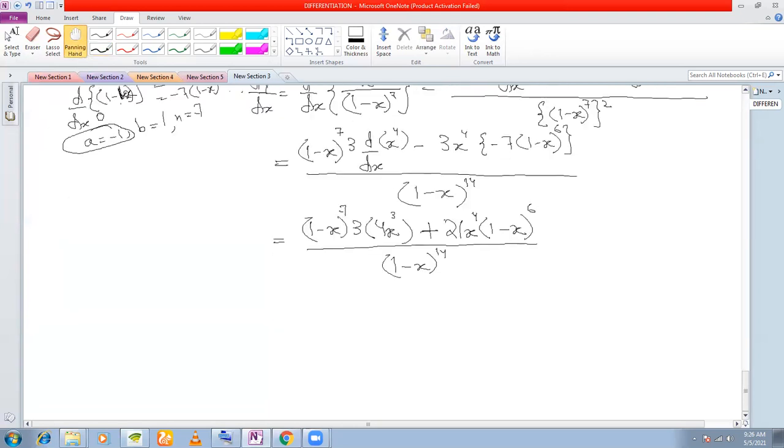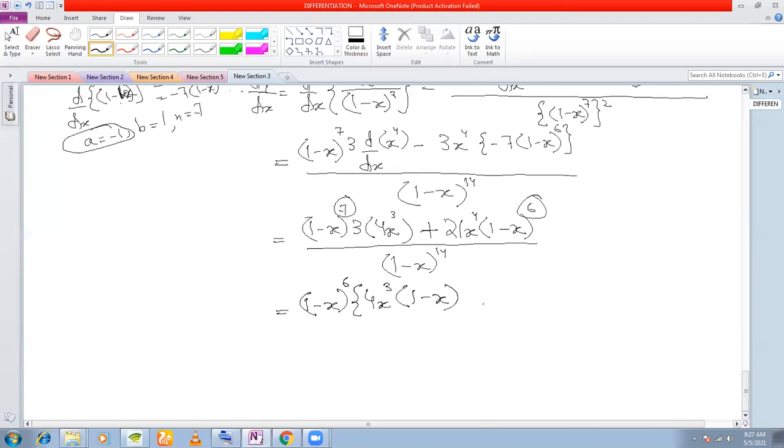You can simplify this a little by taking (1 minus x) to the power of 6 common, because this power is 7 and this power is 6. So definitely you can take (1 minus x) to the power of 6 out of the two, so that you get here 4x cubed into (1 minus x) plus 21 times x to the power of 4, whole divided by (1 minus x) to the power of 14.